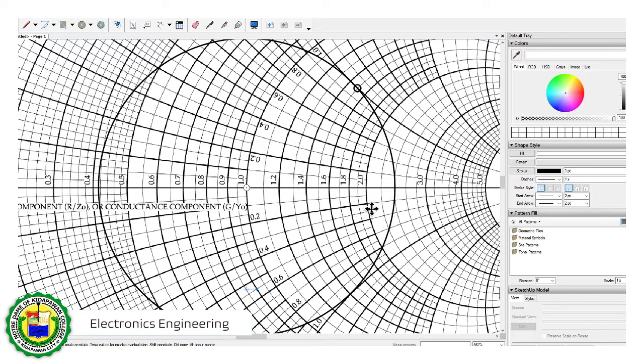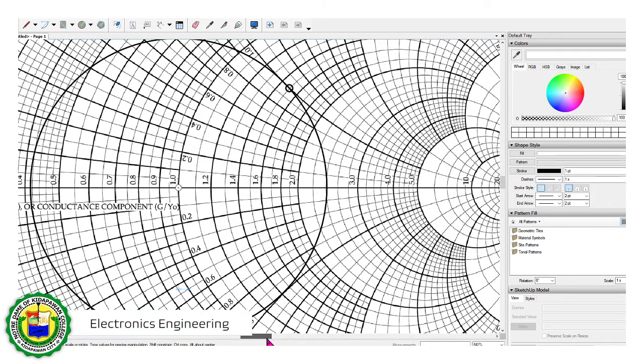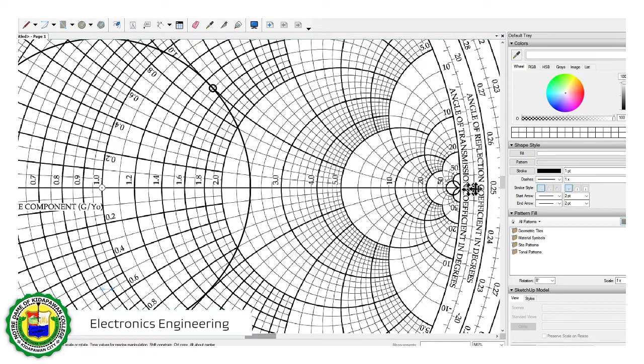We need a point wherein our transmission line is purely resistive. This is the point we are concerned with, and we need to measure the distance from the location of our load towards the generator and towards our point of intersection, because we want to know where along our line our impedance is purely resistive.